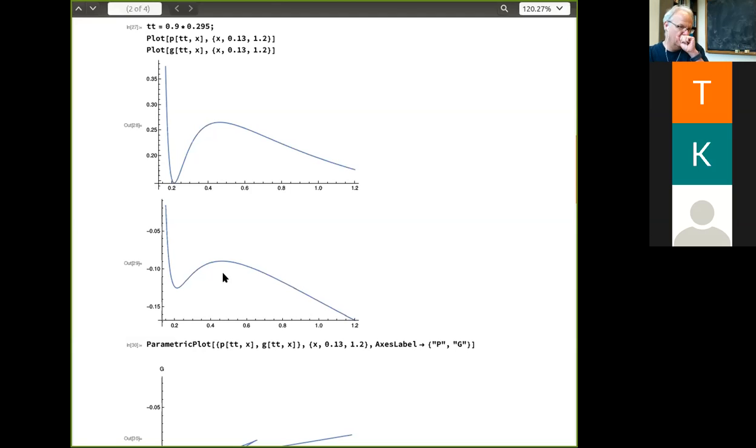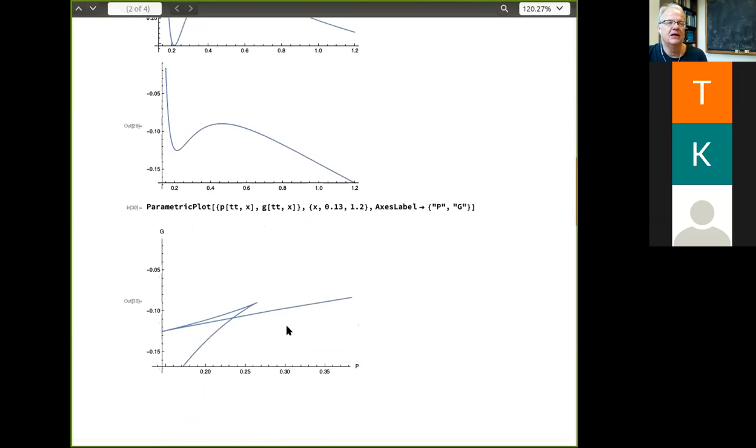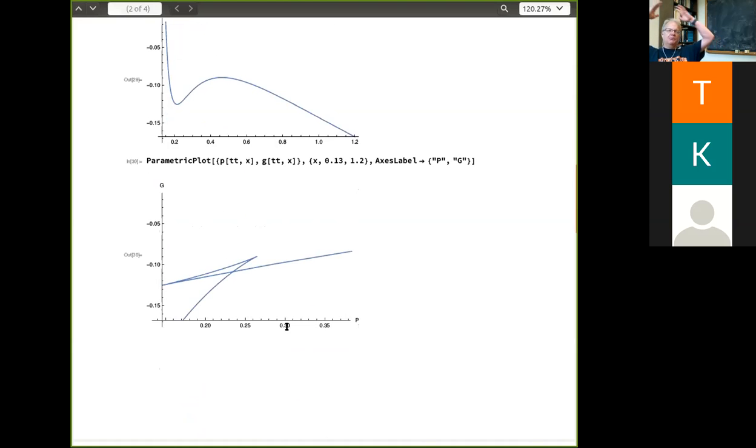What I want to find is a point where, for two different densities, so two different values along the x-axis, both the pressure and the Gibbs free energy are the same. One way to find that point is to plot parametrically, as a function of the density or volume of the system, both the pressure and the Gibbs free energy.